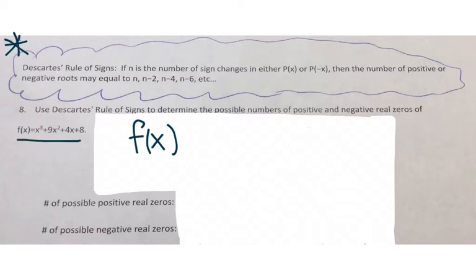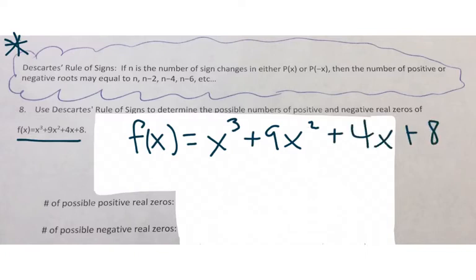So if f of x equals x to the third plus 9x squared plus 4x plus 8, I look at this, it's positive term, positive term, positive term, positive term. There are 0 sign changes between the terms, and so there are 0 possible positive real zeros.